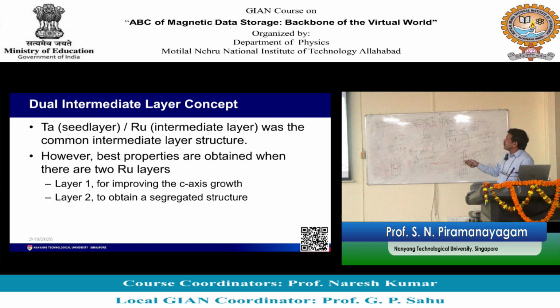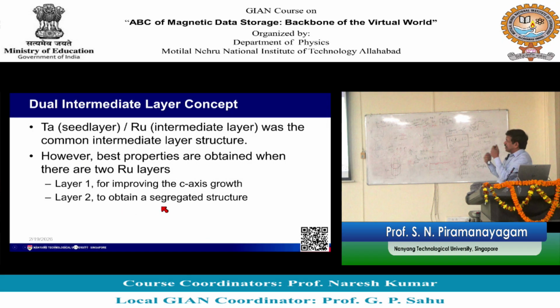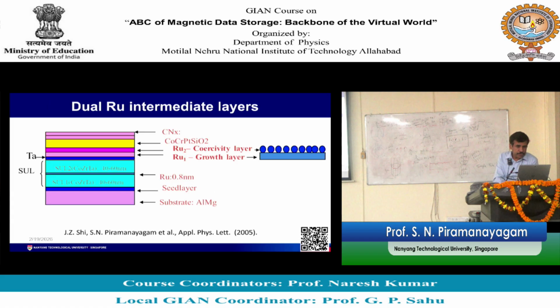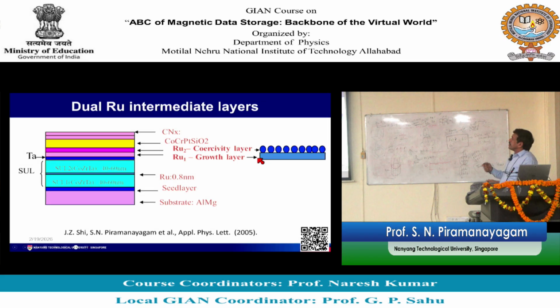I have summarized it here. We have layer 1 for improving the C axis growth, and layer 2 to obtain a segregated grain structure. So the cross section will look like this: ruthenium 1 will be flat, and ruthenium 2 will have segregated grains.